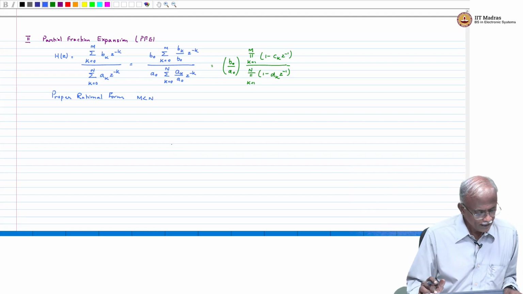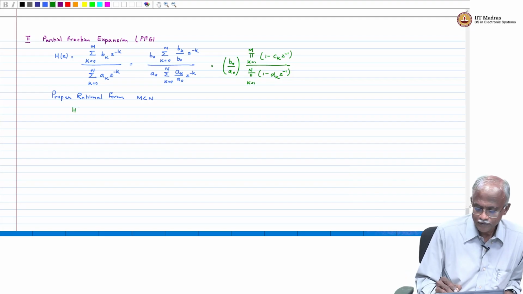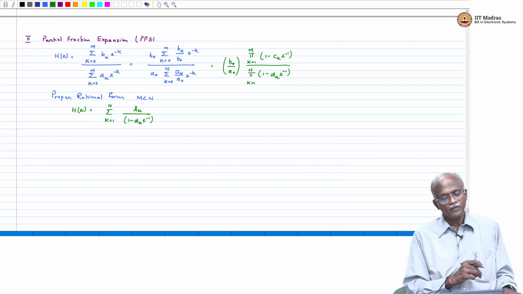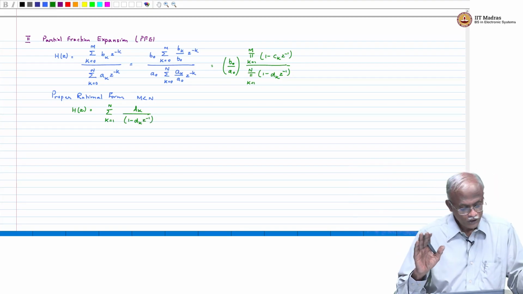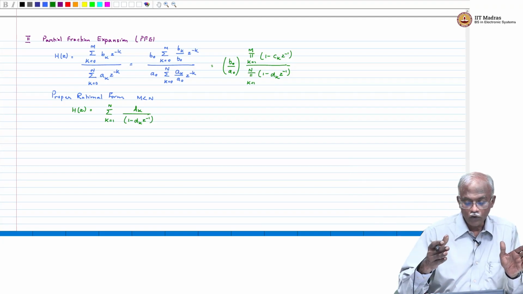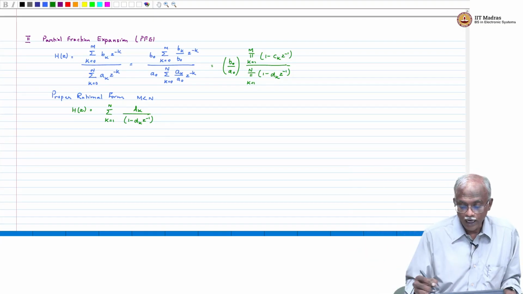In such a case, you can write H of z as a sum of n first order terms, k equal to 1 through n, ak divided by 1 minus dk z inverse. Okay. And once you have it in this form, then you can immediately write down the ROC.